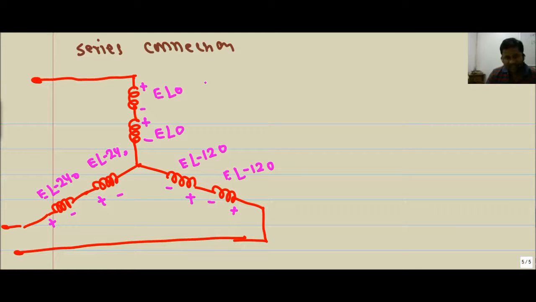Here the windings are connected in series, so the current remains constant, but the voltage increases.